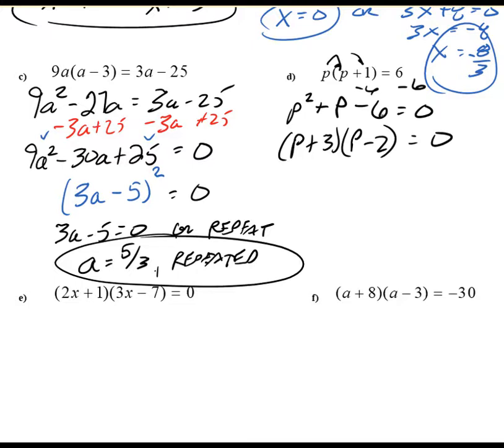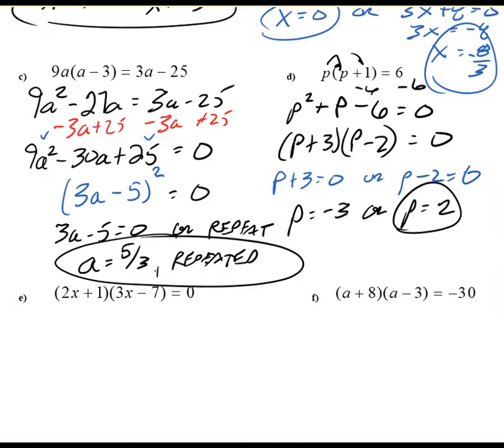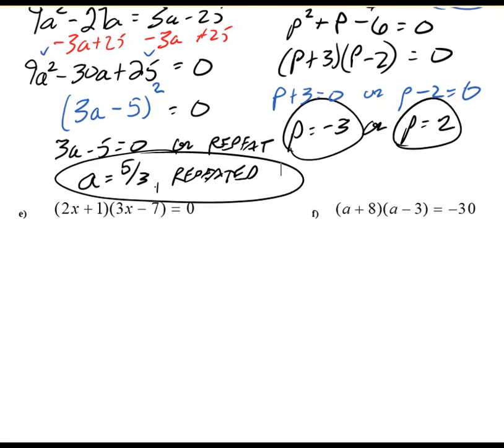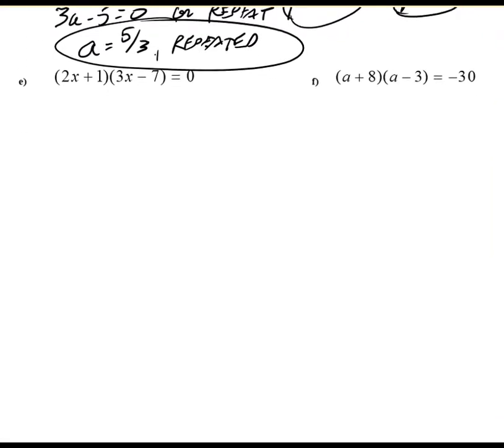So 3 times negative 2 is negative 6, and then 1. Set each factor equal to 0 and solve. So p plus 3 equals 0, or p minus 2 equals 0. So solving, we get p equals negative 3, or p equals positive 2. We get our two answers here. I'm just going to scroll down again to get to the last few problems here.